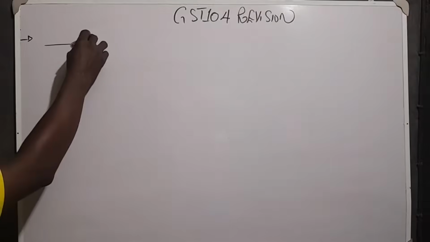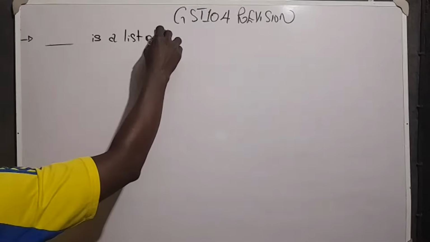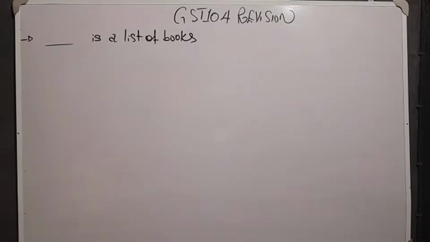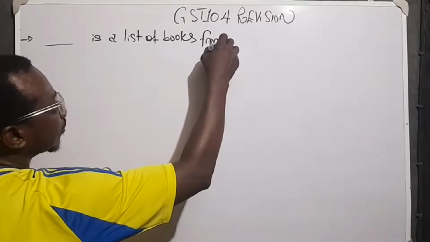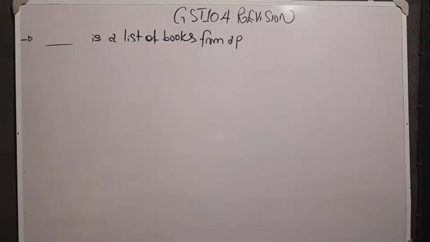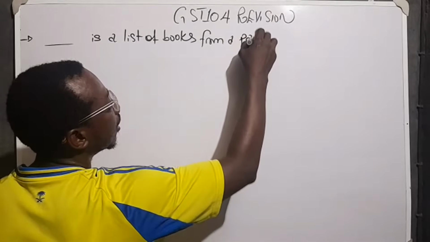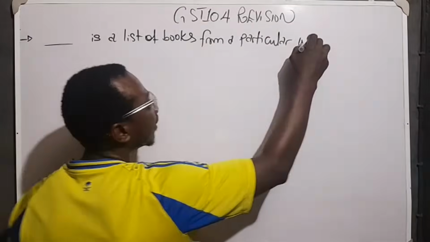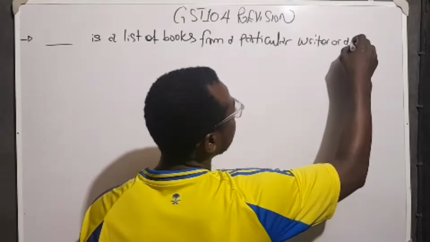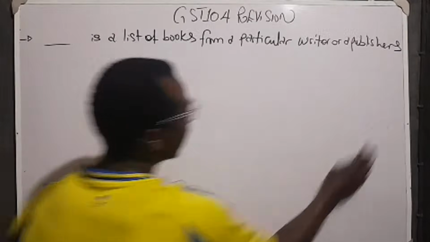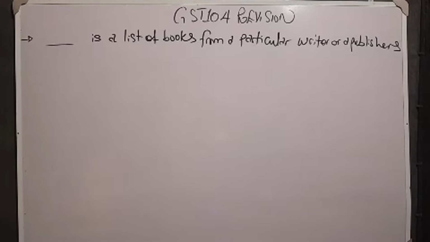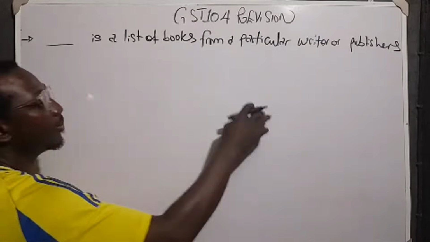Now let's take this. Dash is a list of books from a particular writer or publisher.